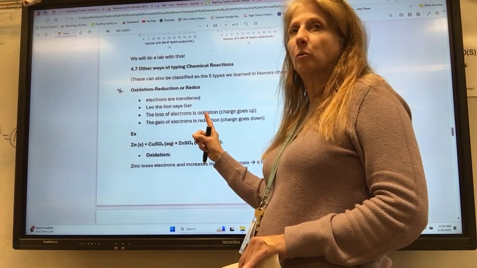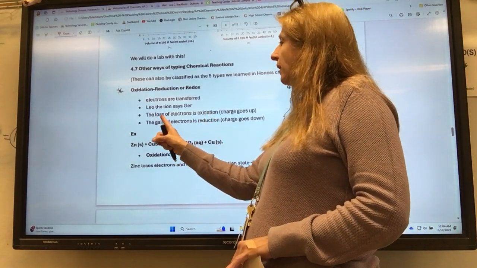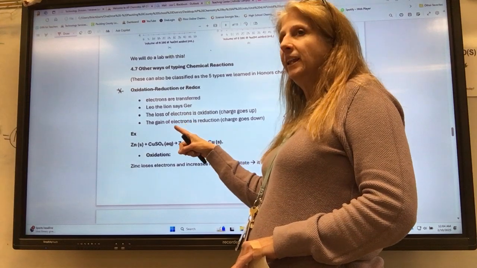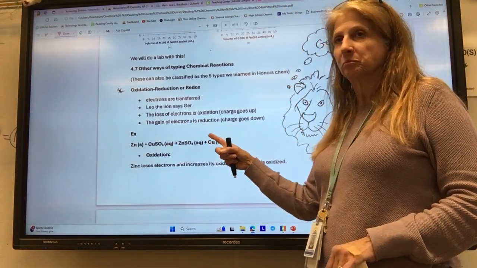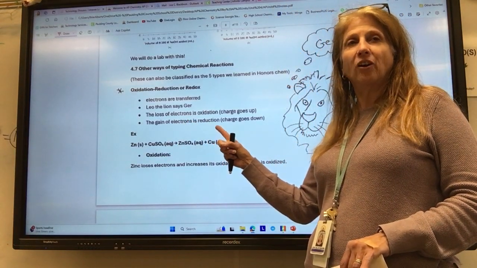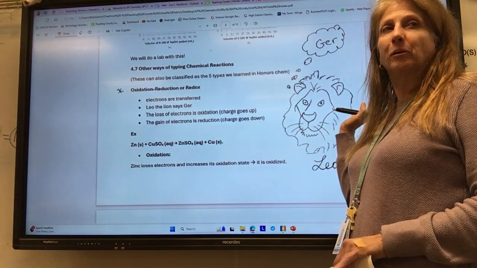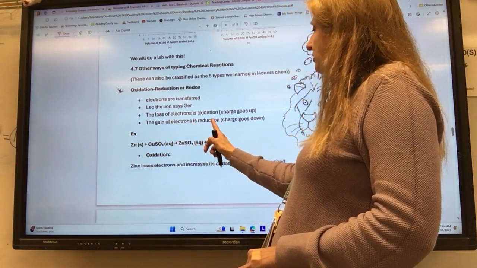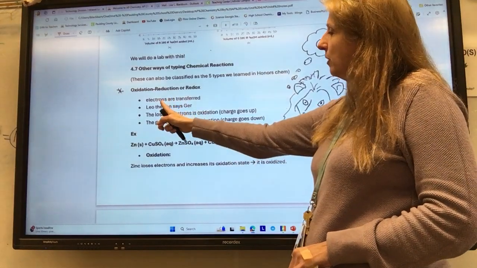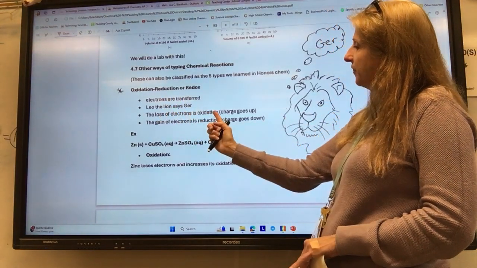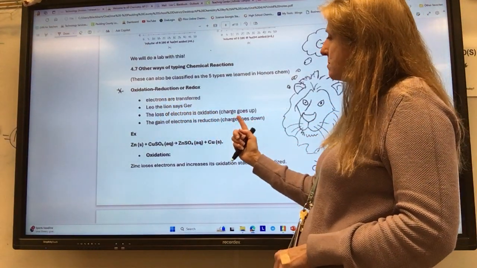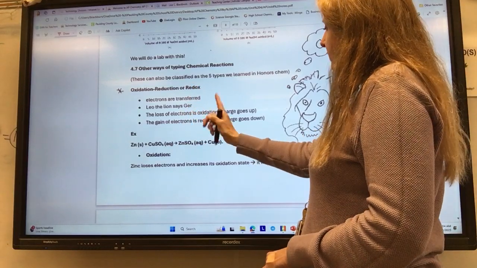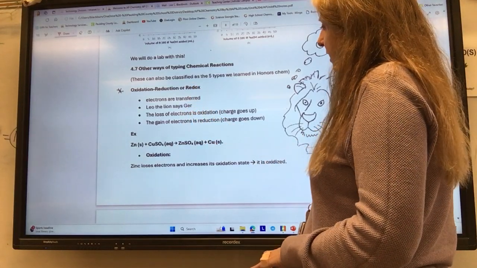That's not the hard part. It's the next part. When electrons are gained, it's called reduction. That's the hard part. But don't worry, just remember Leo and you will be okay. The gain of electrons is called reduction. When electrons are lost in oxidation, the charge goes up. When it is reduced, the charge goes down.